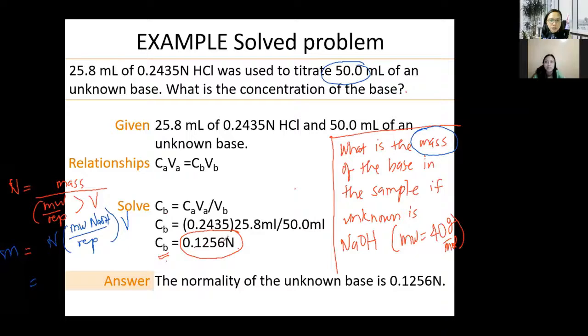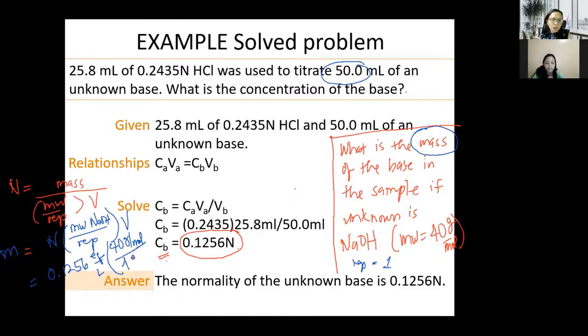Okay? So, here's your normality, 0.1256. Normality means equivalence per liter multiplied by molecular weight, which is 40 grams per mole. Ilang replaceable ang sodium hydroxide? 1 lang po, ma'am. Very good, that's 1.